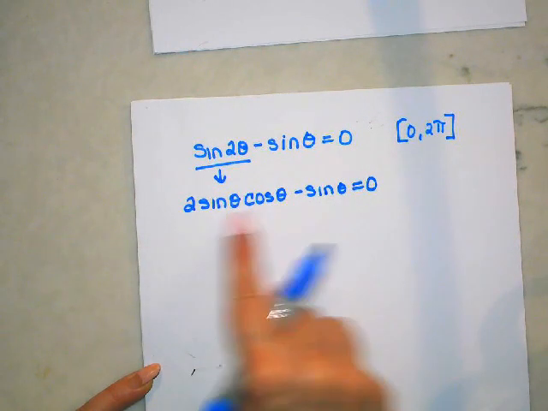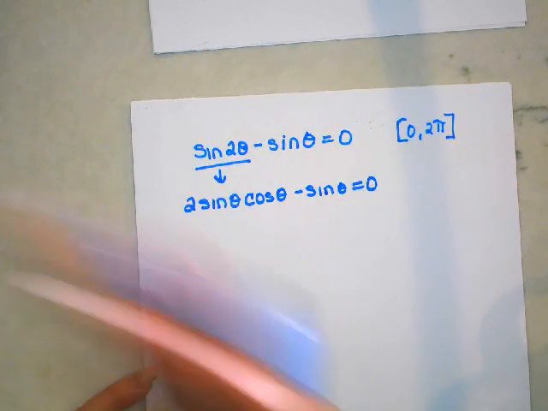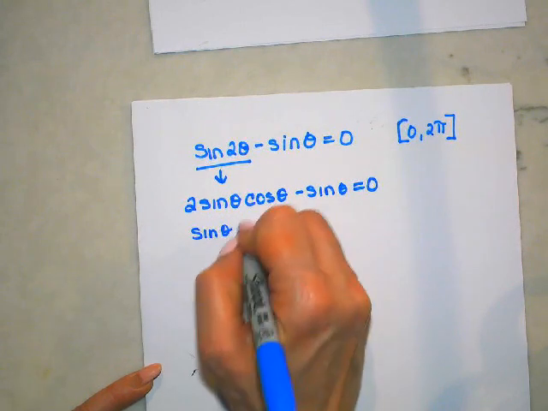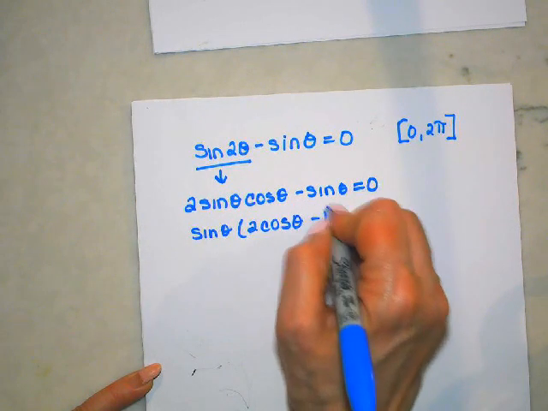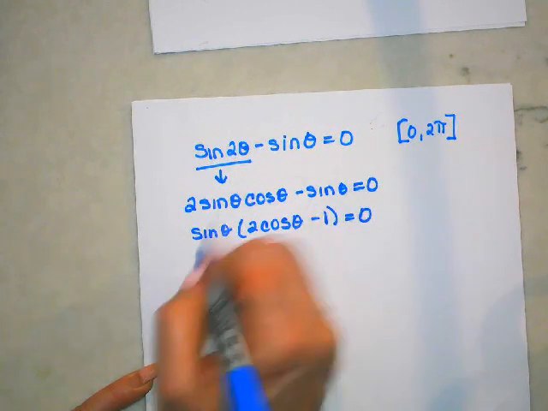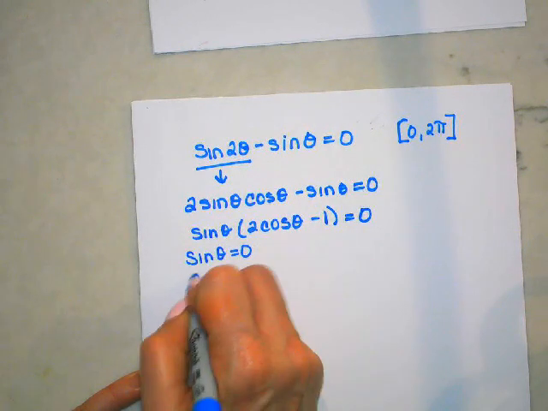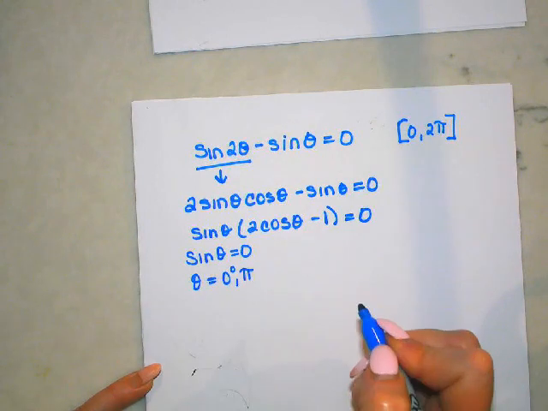Then if I look at this, I can factor out the sine. Now I'm just going back to a lesson we had last week that you guys already got quizzed on. You take out the sine theta, you're left with 2 cosine theta minus 1 equals 0. Set both of them equal to 0. Sine theta is 0, so theta here is going to be 0 or pi.